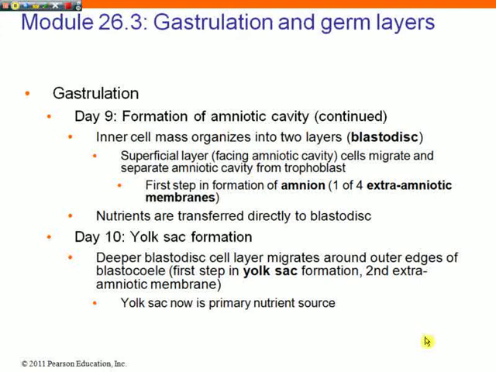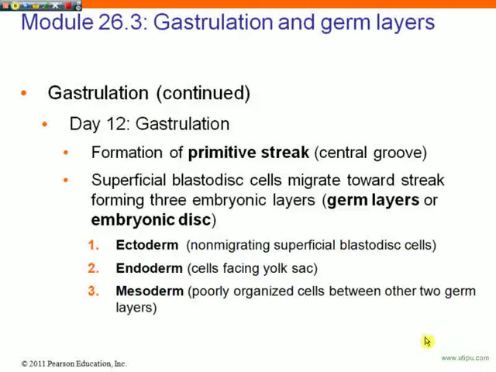The deeper layer forms what's called the yolk sac and a second extraamniotic membrane. At this point, the yolk sac is the primary nutrient source. As gastrulation proceeds, the three embryonic layers form, also called germ layers, and this is ectoderm, endoderm, and mesoderm.